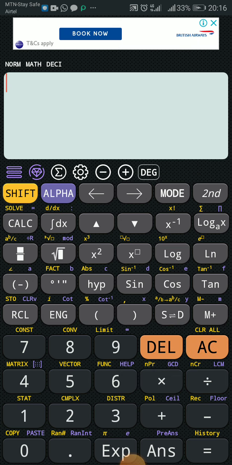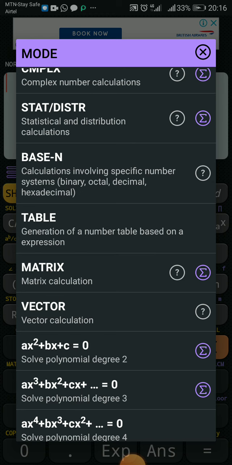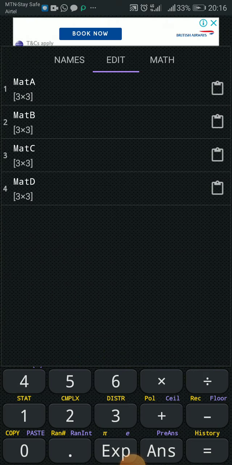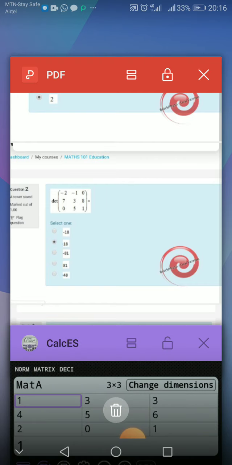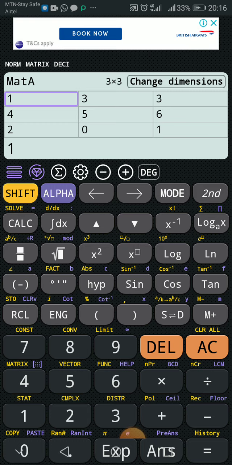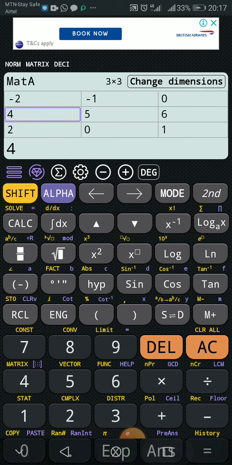I said the determinant is, we press mode, then matrix is that matrix. Now this calculator, like I said, is quite different, so I want to edit 3 by 3 matrix. Okay, so my matrix A, let me see, -2 -1 0, so I have -2 equal to -1 equal to 0 equal to, that's how you edit.